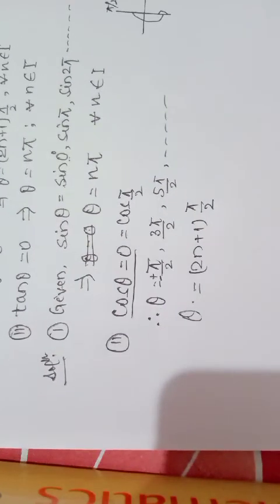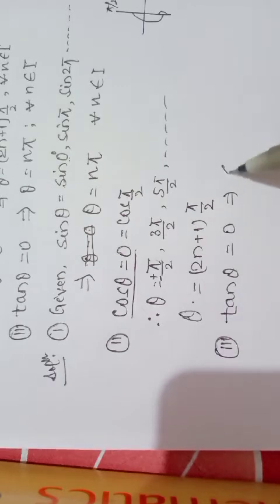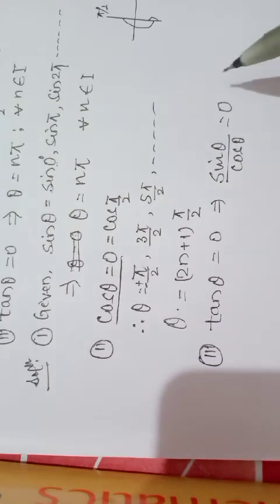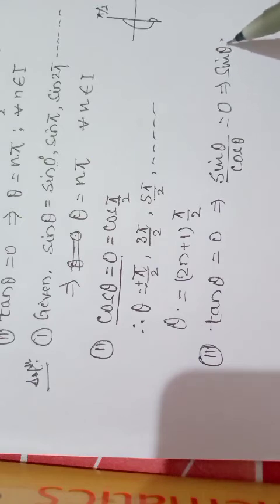And hence in the third one, tan theta is equal to 0 means sin theta upon cos theta is also 0, and by cross multiplication we write it as sin theta is equal to 0.